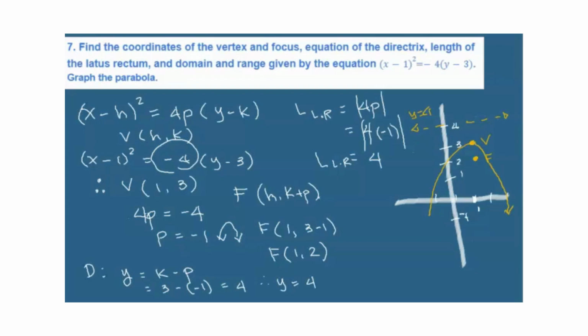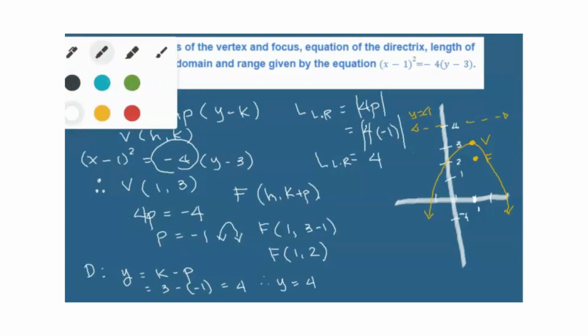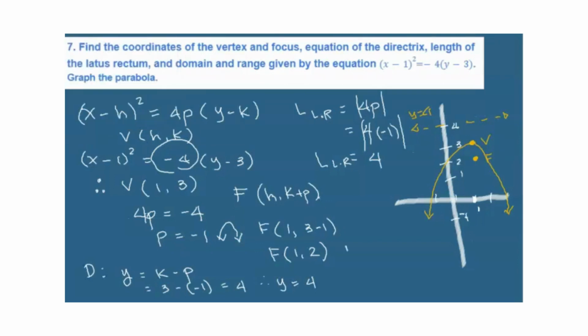Okay. So let us now identify our range and domain. So for our domain, if we're going to follow the graph, this will go all the way to negative infinity, and this one also will go all the way to positive infinity.